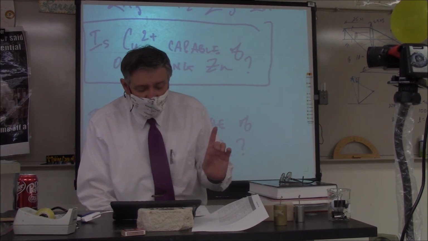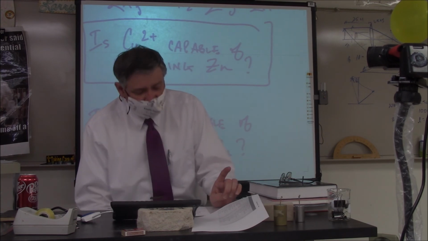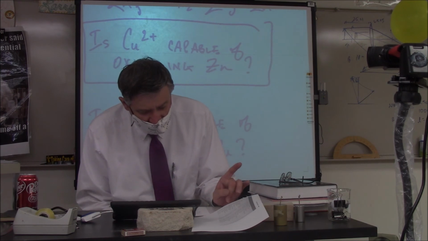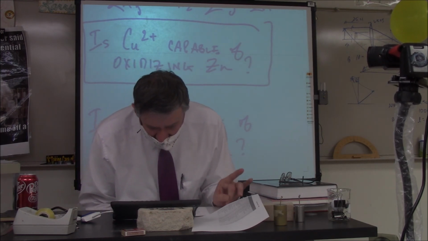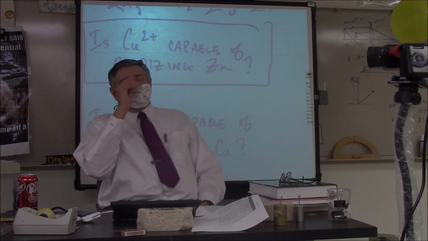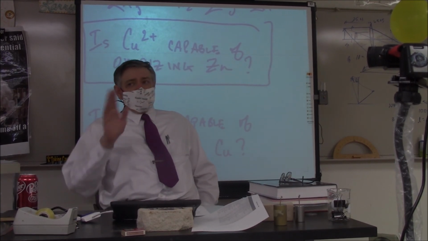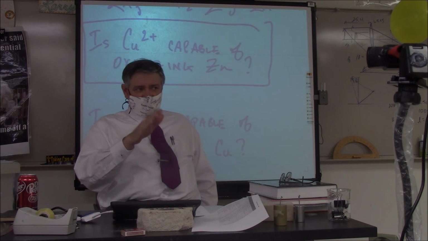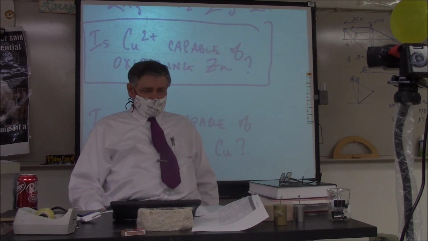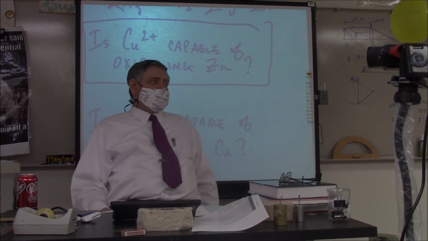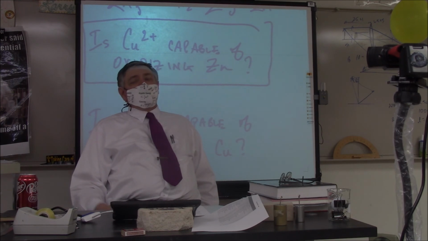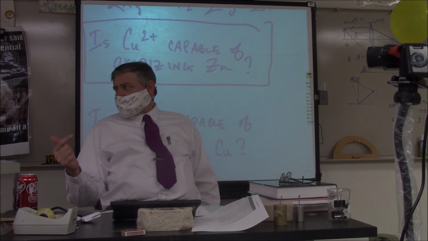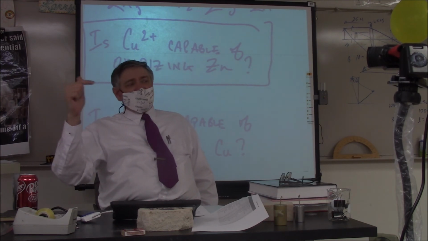Now, on 47, it says, place the following in order of increasing strength as oxidizing agents. Think this through. Increasing strength, right? Oxidizing agents. What do oxidizing agents want to do? Reduce. Meaning they want to gain electrons.